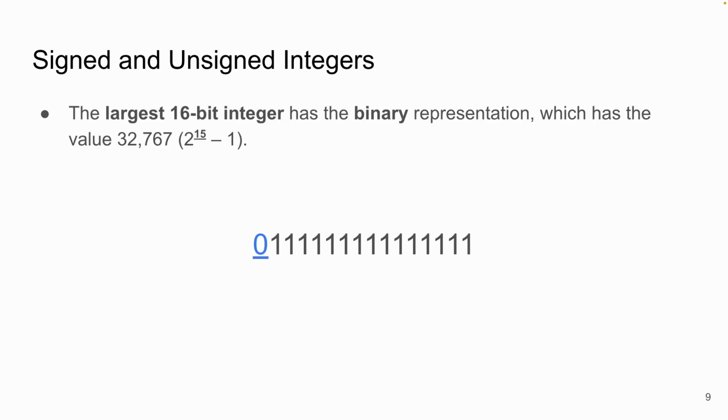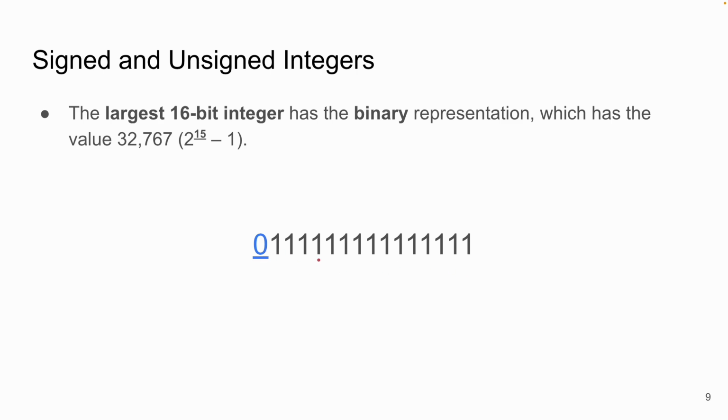Okay, so let's go back to signed and unsigned integers. In most computers in C, the traditional, old-fashioned computers, most of the time we use 16 bits to represent an integer in C. The largest 16-bit integer has this binary representation.